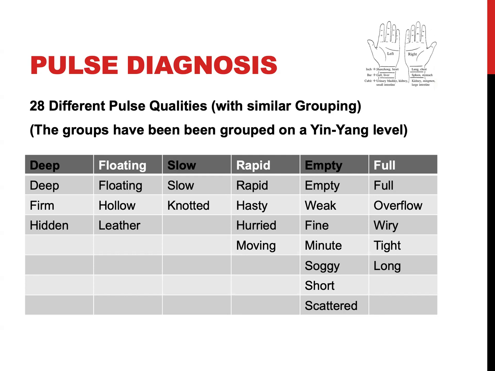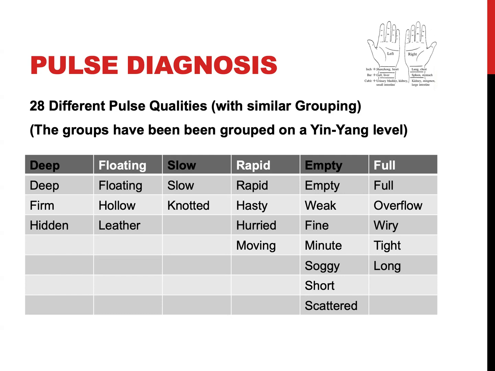So for floating pulses, we could also say they could be hollow or leathery. For slow pulse, they could be generally slow, or we could also feel they are knotted through palpating. Rapid pulses could also be felt as hasty, hurried, or moving.